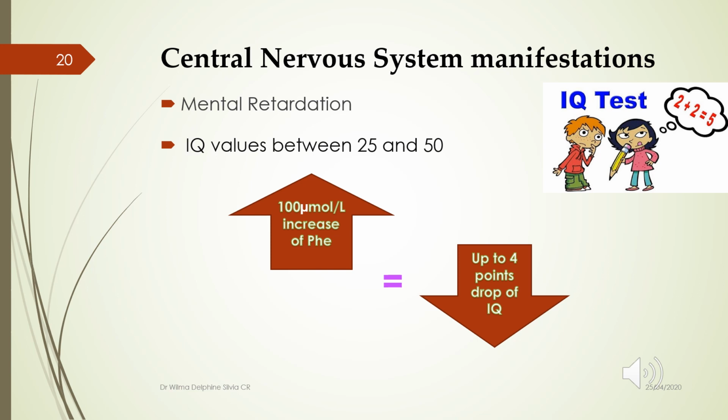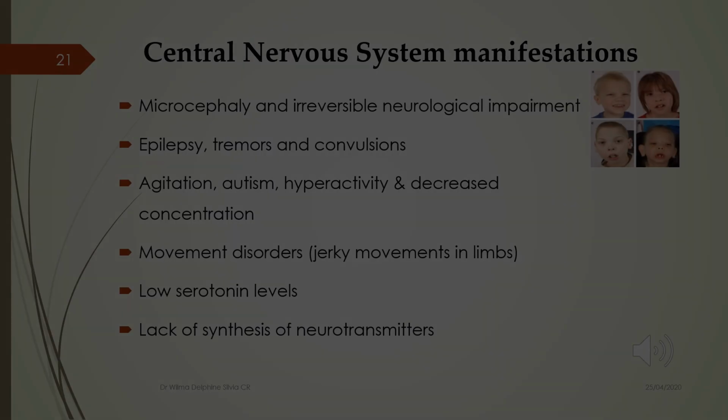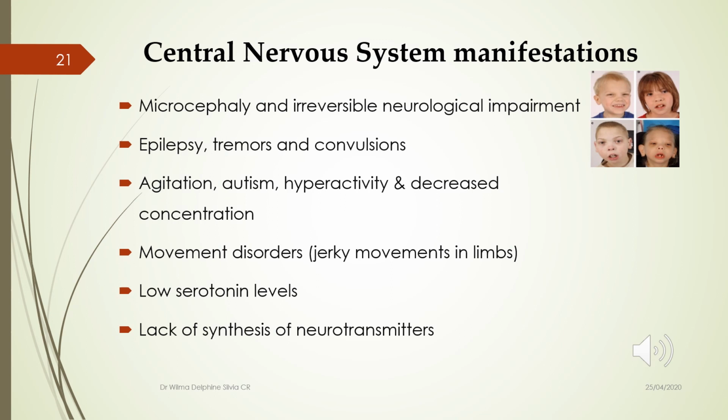For every 100 micromole per liter increase of phenylalanine, there is up to a 4 point drop in intelligence quotient. The other central nervous system manifestations are microcephaly, irreversible neurological impairment, epilepsy, tremors, agitation, autism, decreased concentration and movement disorders.